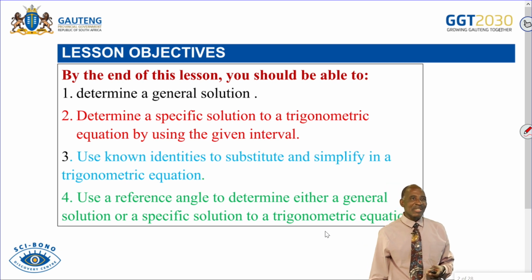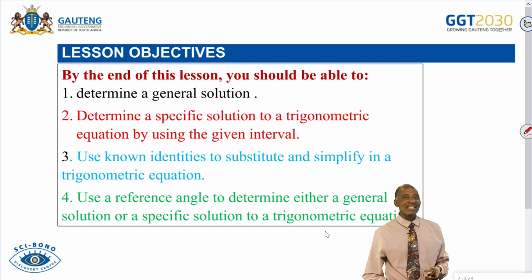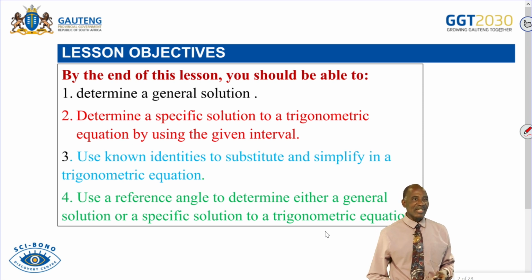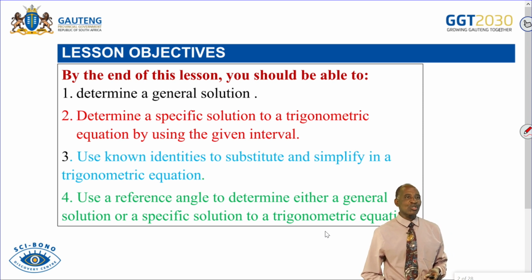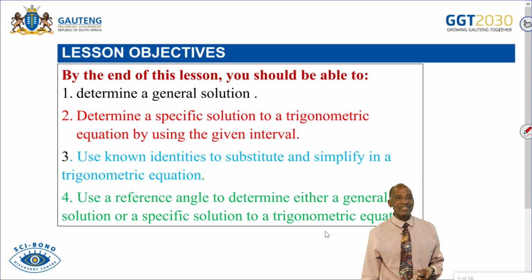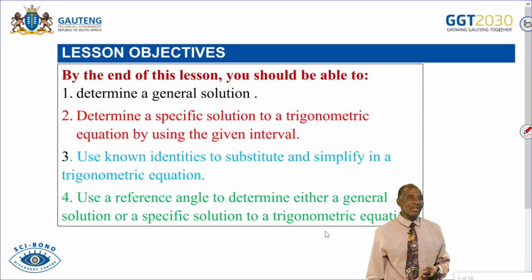Our lesson objectives for today are as follows. By the end of this lesson, you should be able to determine a general solution to a given trig equation. Two, you should be able to determine a specific solution to a trigonometric equation by using the given interval.